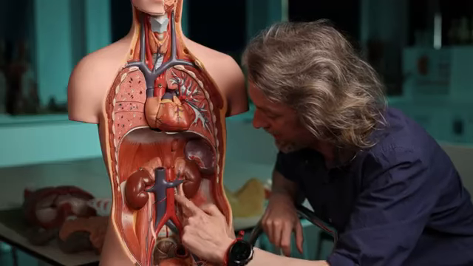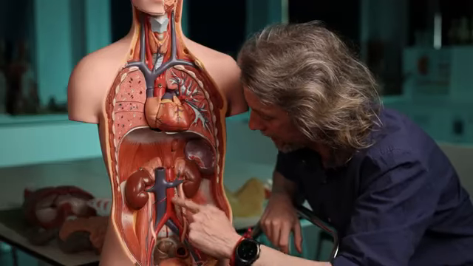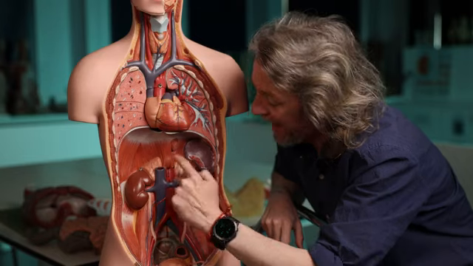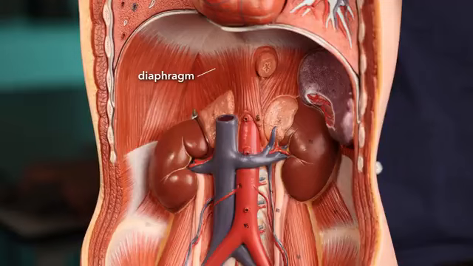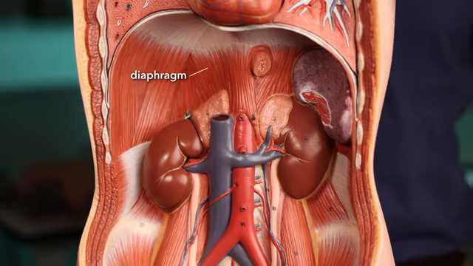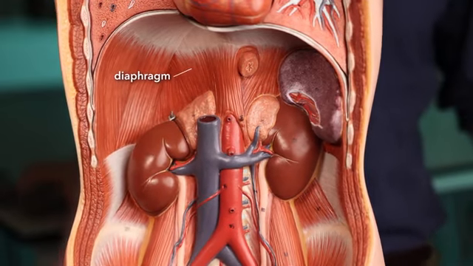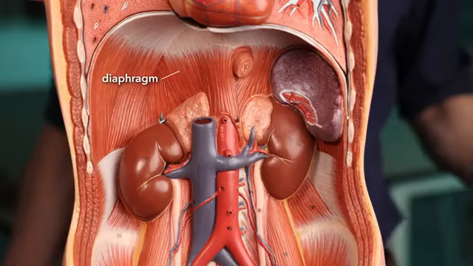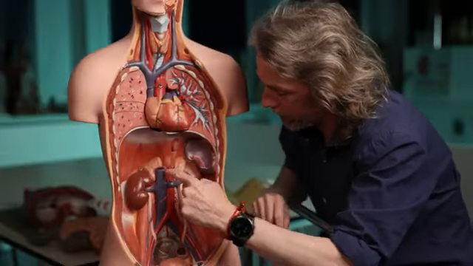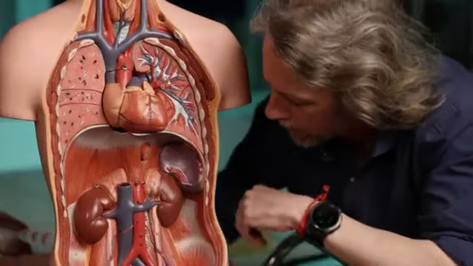Now we can see some of the edges of the lumbar vertebrae here. So there's an aortic hiatus, a hiatus meaning a gap. And this aortic hiatus is formed by two slips, two legs of muscle of the diaphragm, the crura.